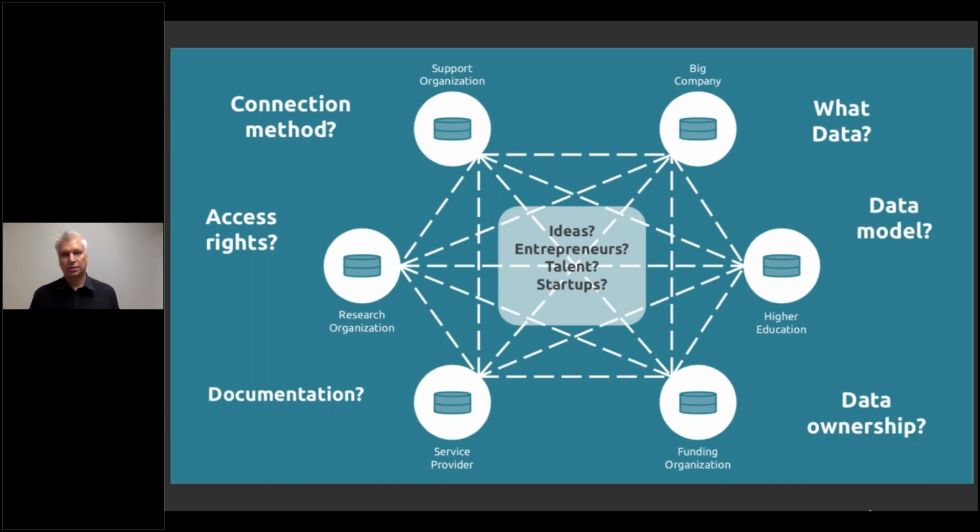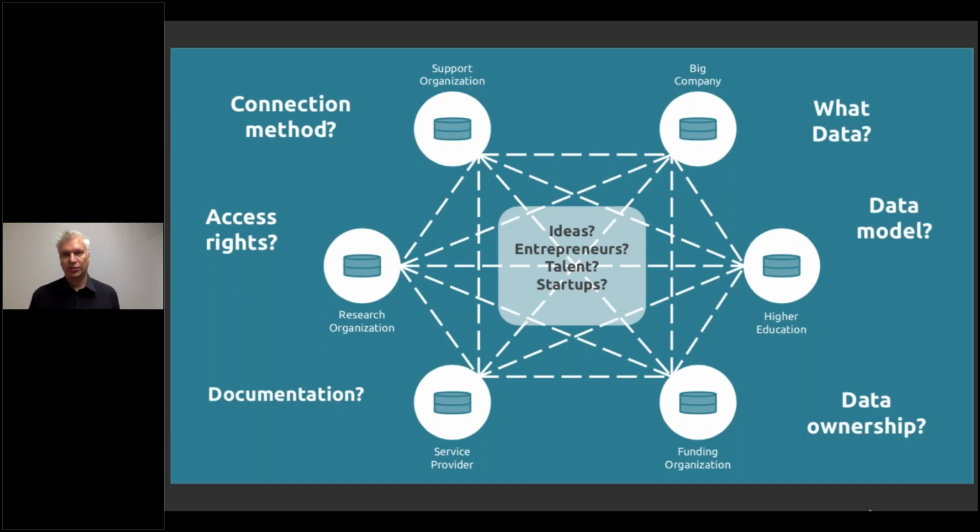And when we look at this, solving this puzzle, this problem, we need to start looking at the connection method. We need to start looking at access rights to that data. We need to start looking at information around how we can build connectivity independently to your organization or your information. How will you document that information for others?